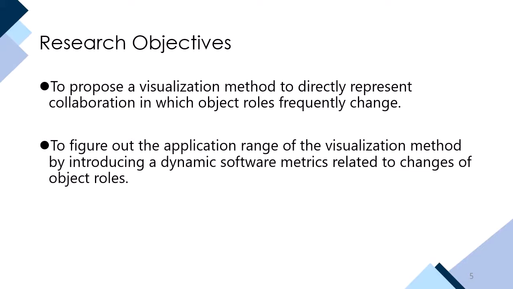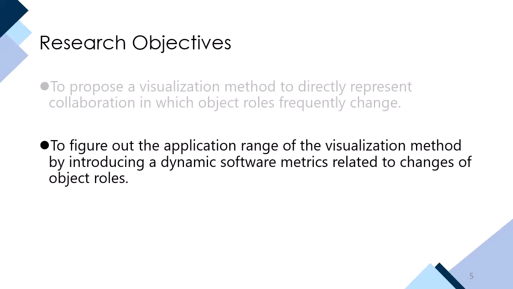Our research objectives are first, to propose a visualization method to directly represent collaboration in which object roles frequently change, and second, to figure out the application range of the visualization method by introducing a dynamic software matrix related to changes of object roles.